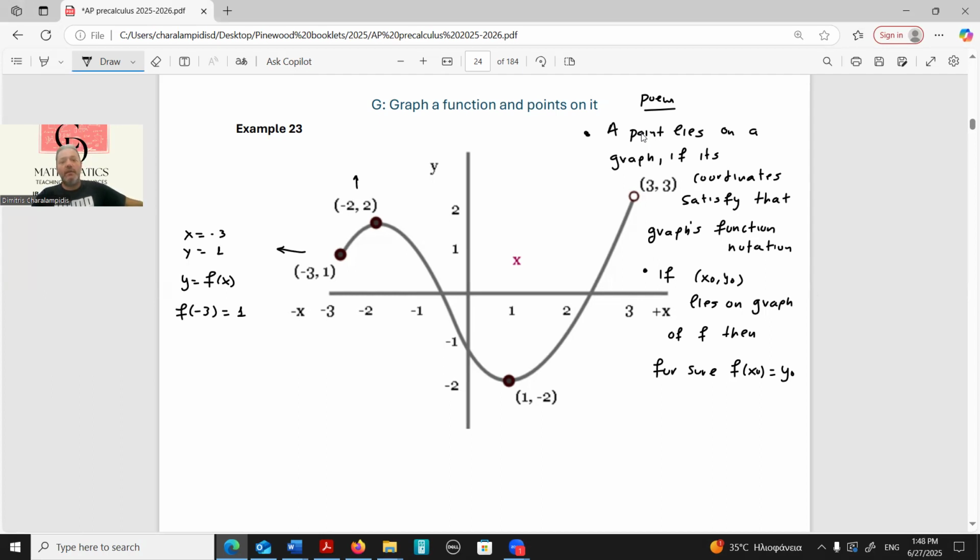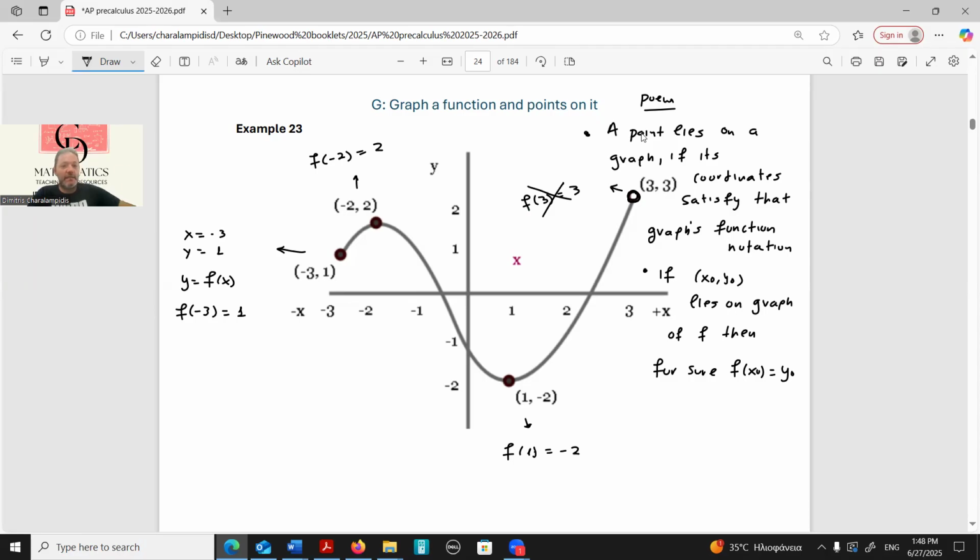Here, similarly, we can get that f of -2 is 2. Here, we could get that f of 1 is -2. Here, however, we wouldn't have said that f of 3 is 3, and this is mainly because this point here is not colored, which means that it's not in that graph.